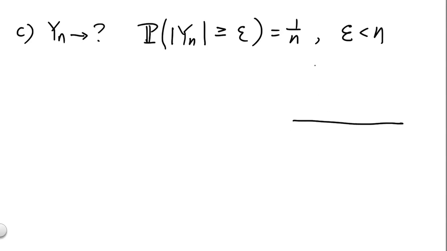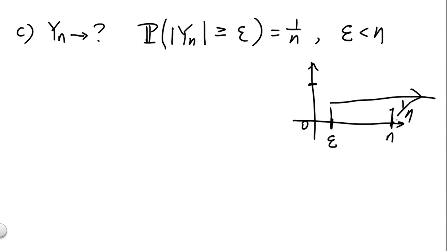This is true because Yn has a lot of mass at 0 and a tiny bit of mass, of value 1 over n, at location n. So if we draw the cutoff here at epsilon, then the probability of Yn landing to the right of epsilon is simply equal to 1 over n.